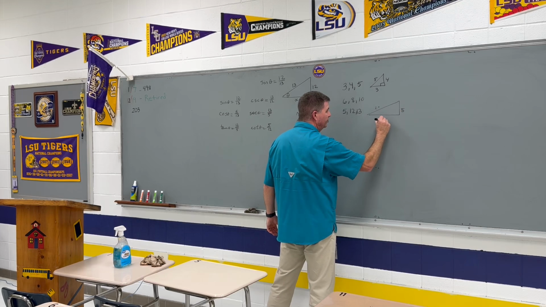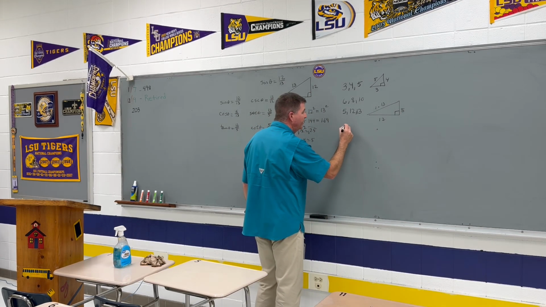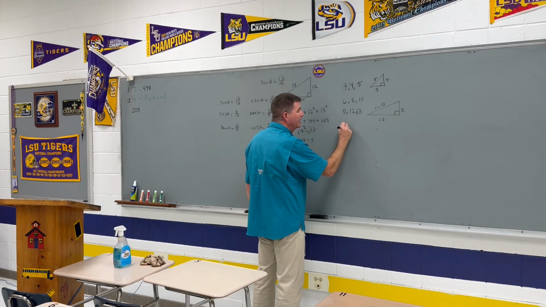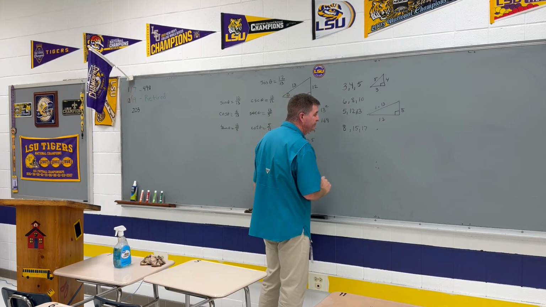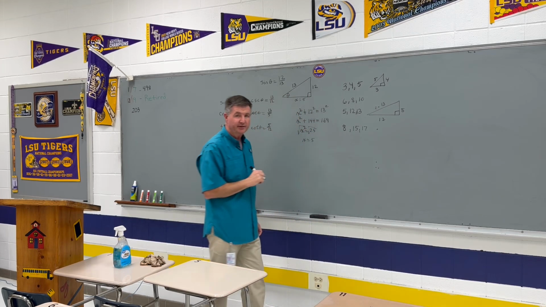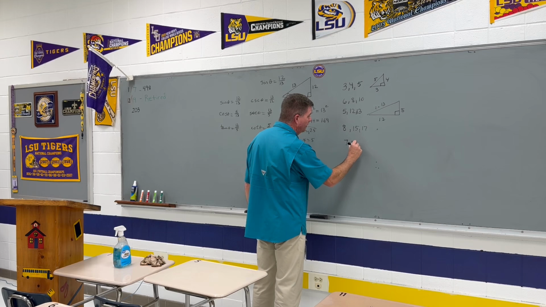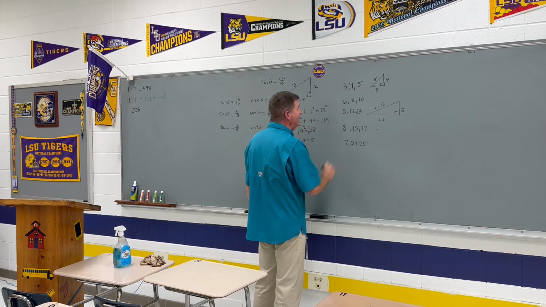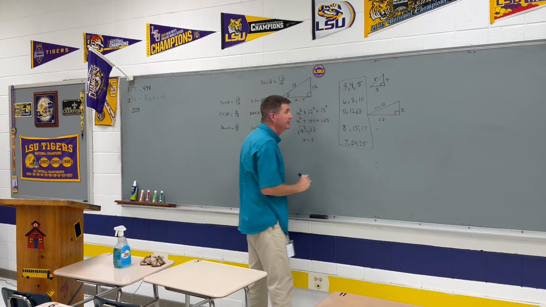We have another one, which is the 8, 15, 17 right triangle. We did that one in one of the other examples. And then we have the 7, 24, 25. These triangles here are most commonly used.